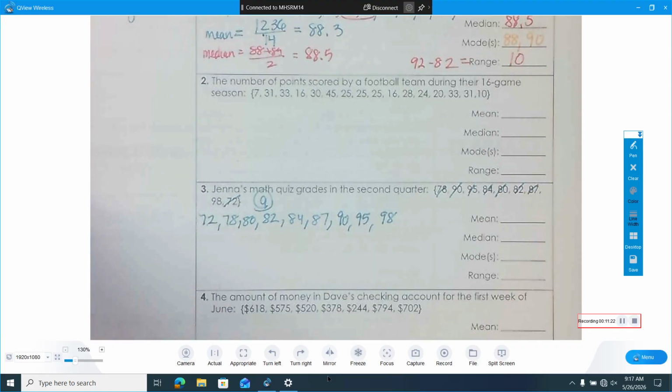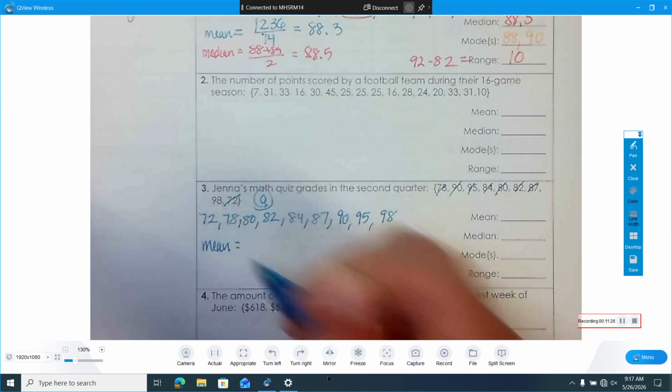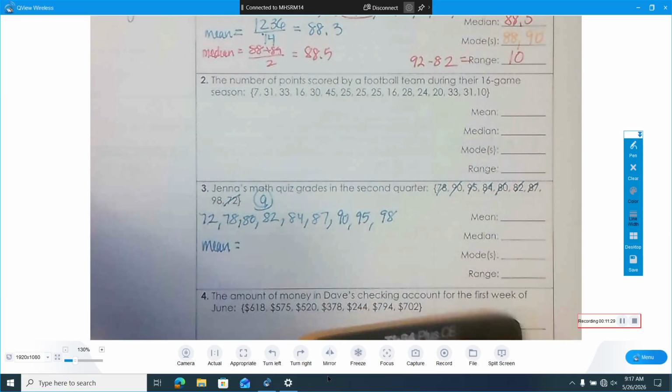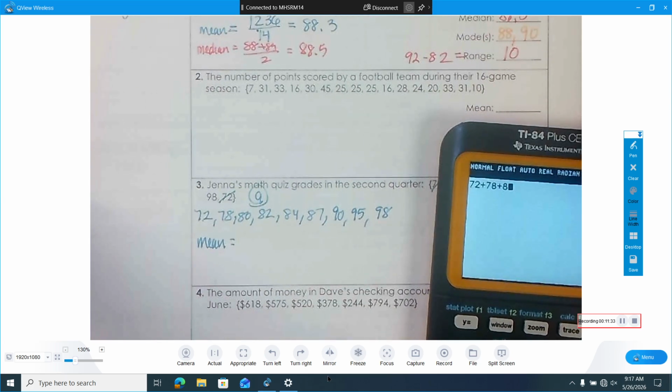All right, what should we do to find the mean? Add them all up and divide. Okay, take a second and add your numbers together.